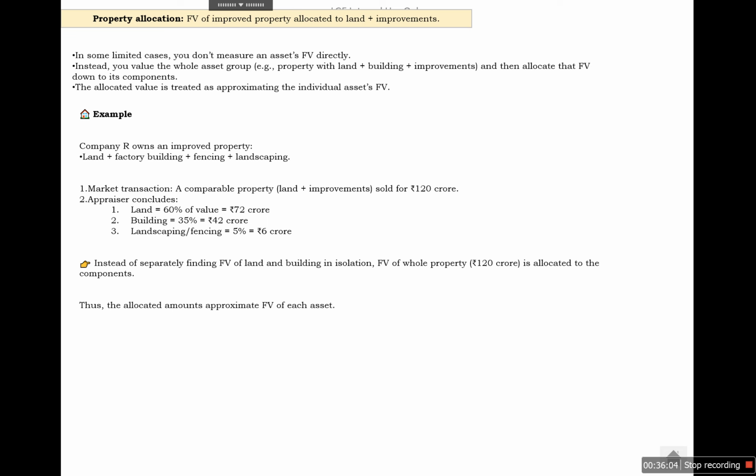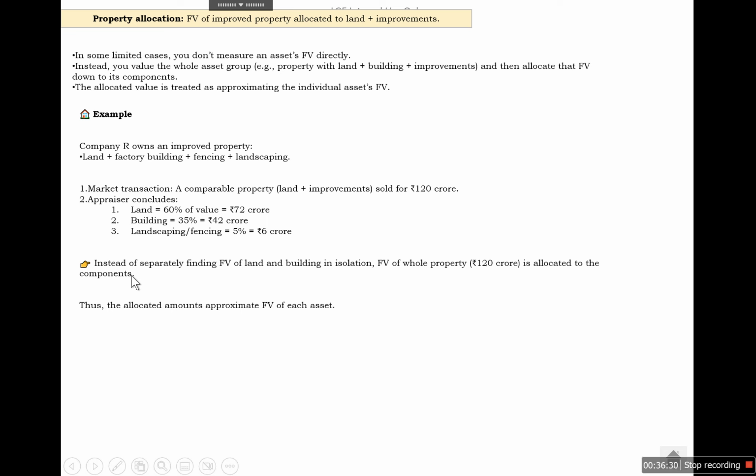Let's take one example: company A owns an improved property with land, factory building, fencing, and landscaping. Here, in a market transaction, a comparable property is sold for 120. We need to allocate the amount between the components. Say 60% is allocated to the building based on the techniques used, and similarly for land and fencing.